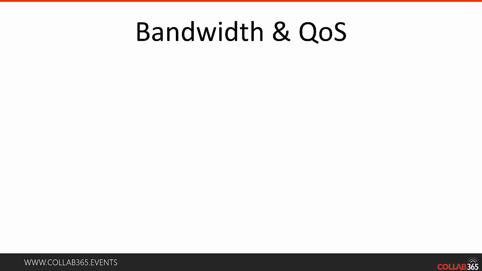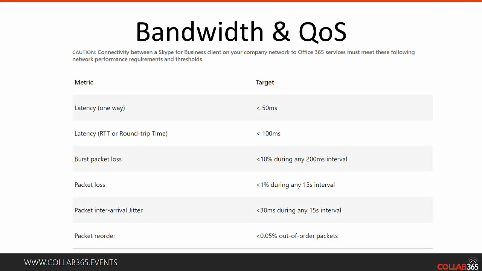Please always refer to network planning and performance tuning for Office 365. And here are some of bandwidth requirements for Skype for Business. Really, for big enterprises, we strongly recommend to use ExpressRoute. By the way, QoS is only available for ExpressRoute.